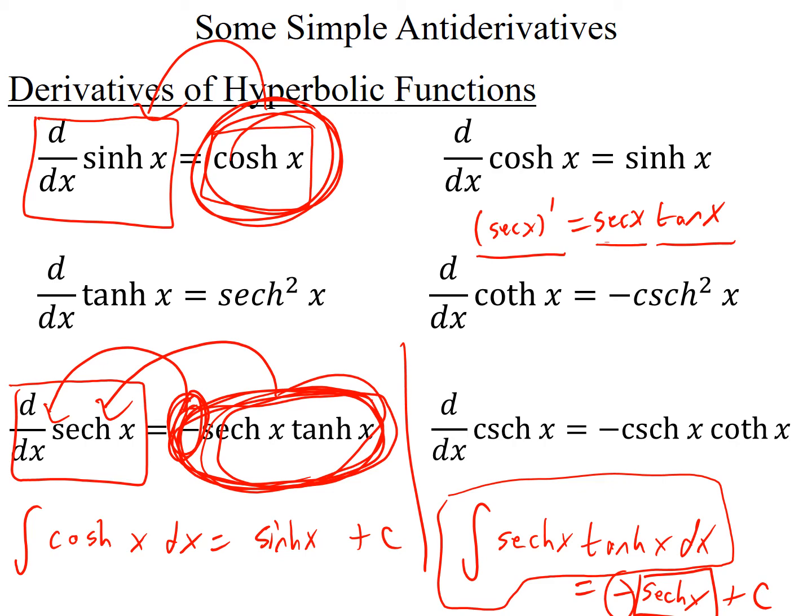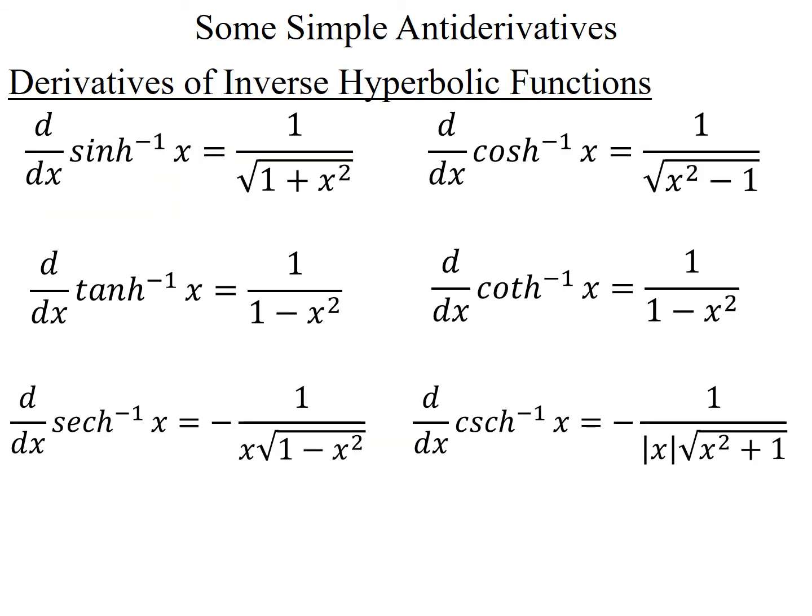And here's another list of the derivatives of inverse hyperbolic functions. It looks similar, but not exact, to the derivatives for inverse trig. So there's trig and inverse trig, and there's hyperbolic and inverse hyperbolic. And the derivatives for hyperbolic and inverse hyperbolic look similar to the derivatives for trig and inverse trig.